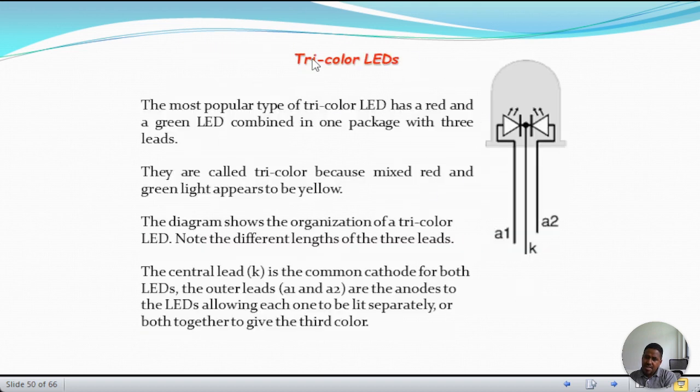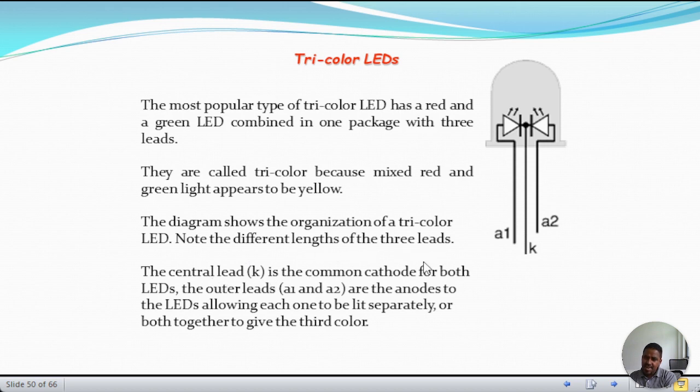LEDs can also be had in tri-color form. The most popular type of tri-color LED has a red and a green LED combined in one package with three leads. It is called tri-color because mixed red and green light appears to be yellow. The diagram shows the organization of the tri-color LED. Note the different lengths of the three leads.